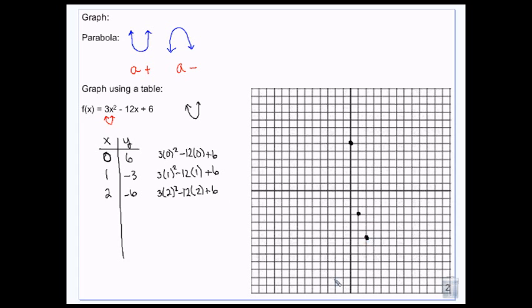So I put a dot, and then I'll go to 3. And I get 3 times 9, so that's 27, minus 36, so that's negative 9, plus 6 is negative 3. And there, I found my curve. Do you see that?